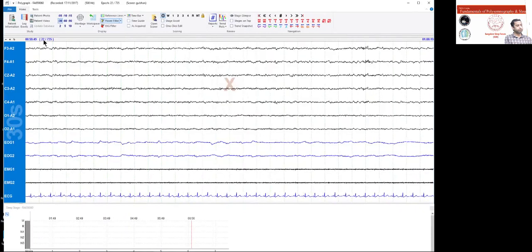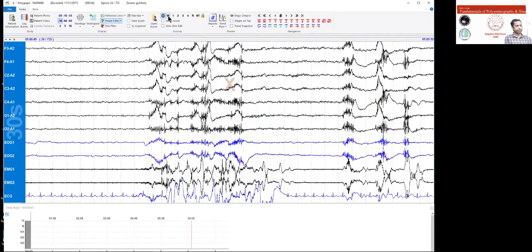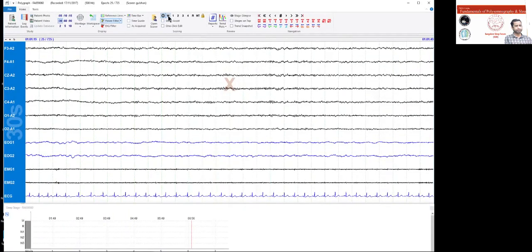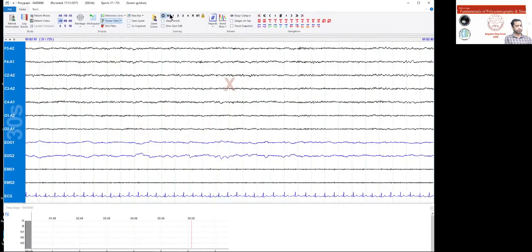Even after 11 minutes, the subject could not sleep. Rapid movement is there, so wake. Again, rapid movement is there.